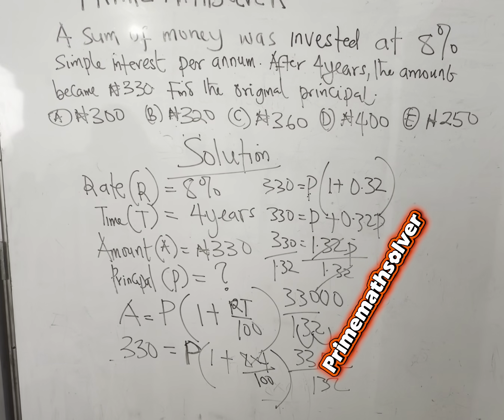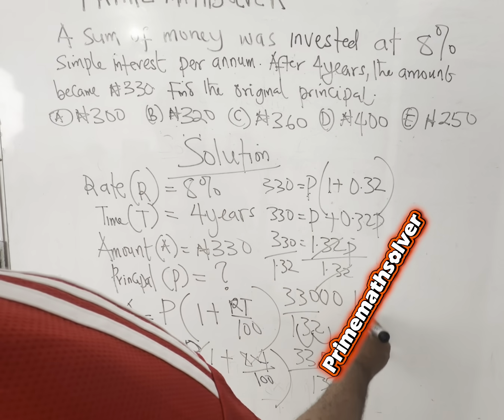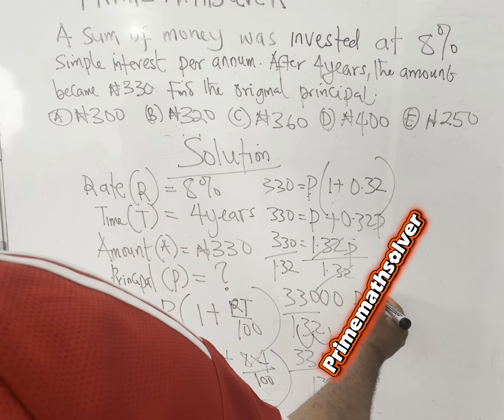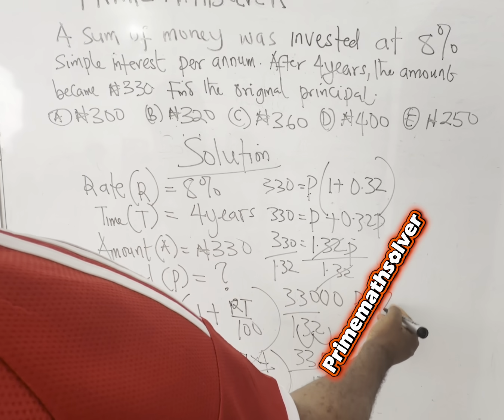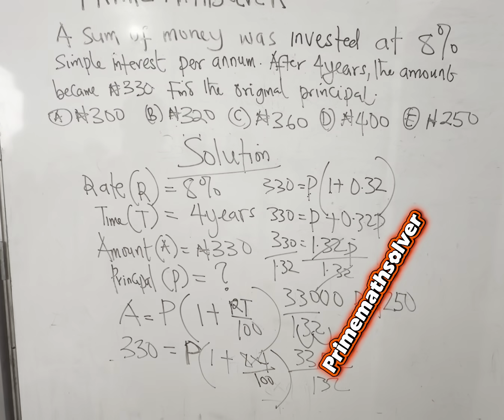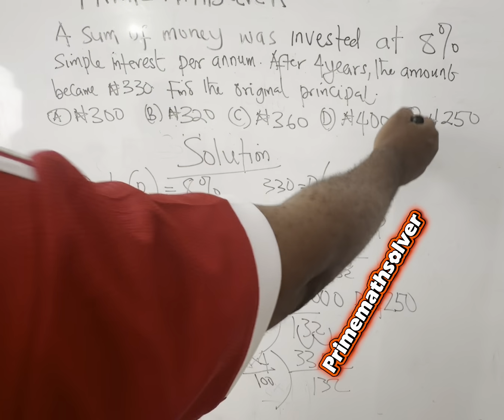If you multiply 132 by 250, you will get 33,000. So that simply means that P will be equal to 250 naira. So, your answer will be E.